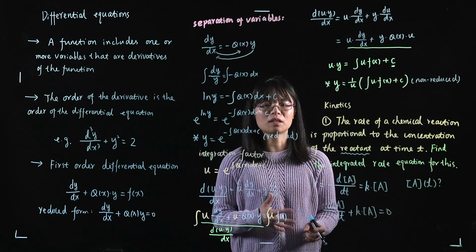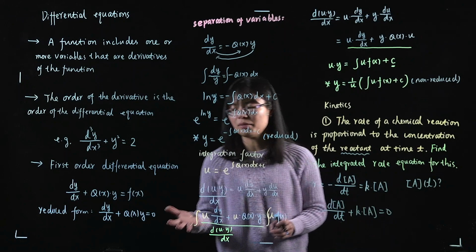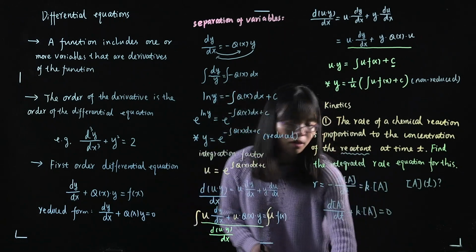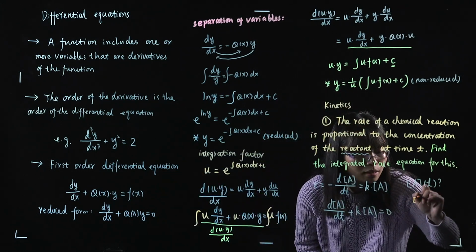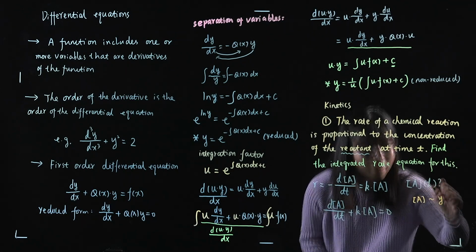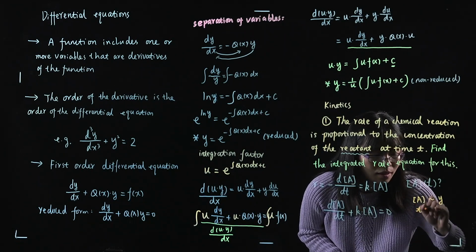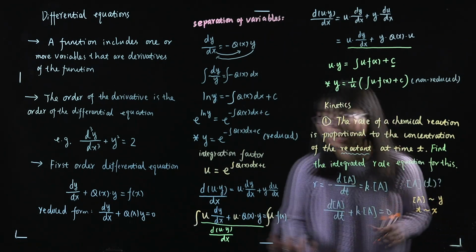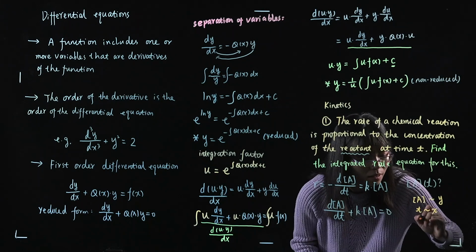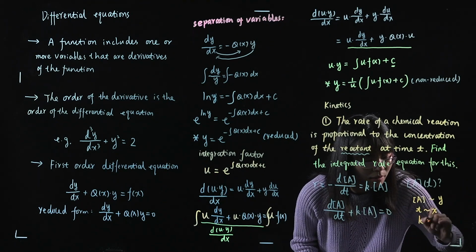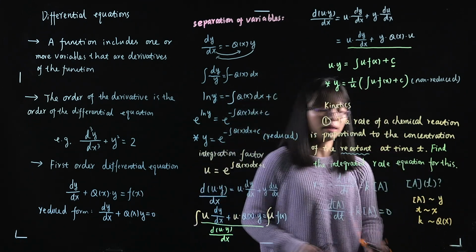At this point, if you are not comfortable with correlating which is the variable and which is not, you can try to write it out on your scratch paper by comparing to the generic form. The A here is equivalent to the y in the generic form of the function, and my t is the variable, equivalent to the x in this function. And the q(x) in this specific case is simply my k, which is a constant, and my f(x) is actually 0 in this specific case.